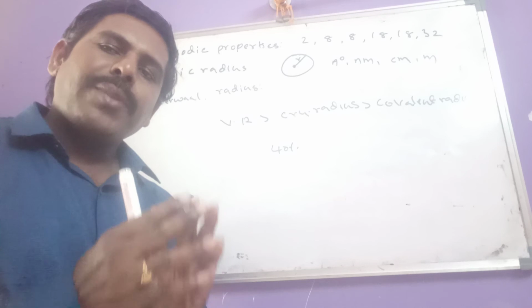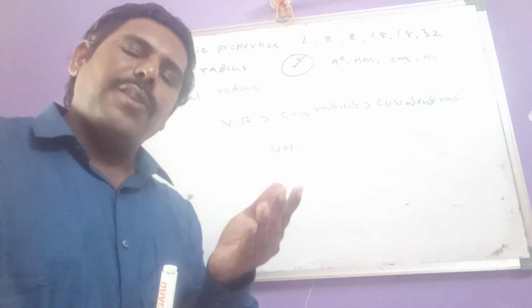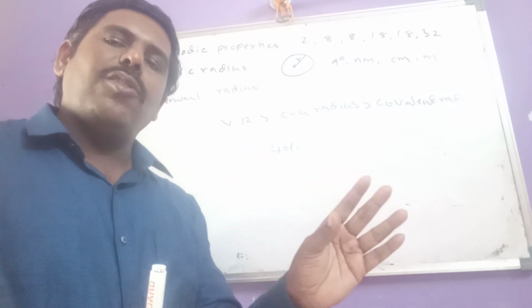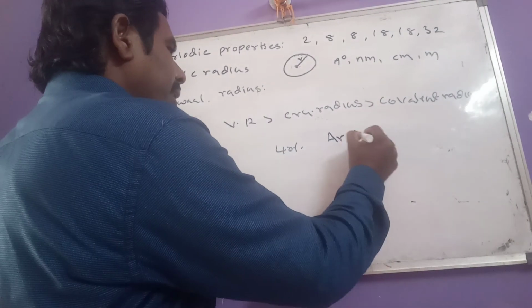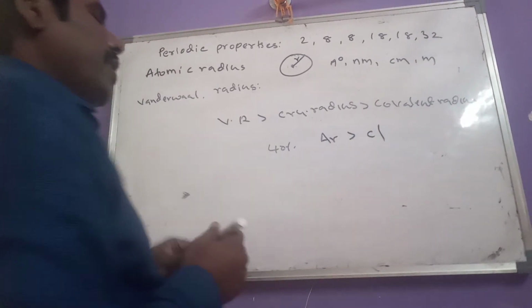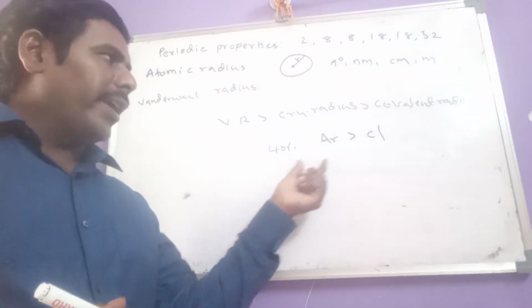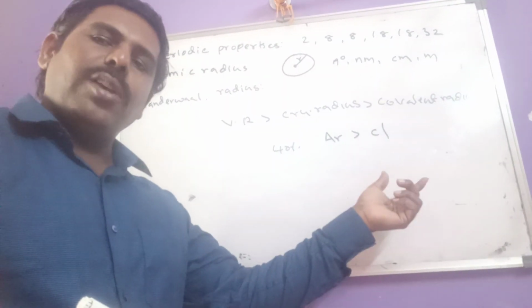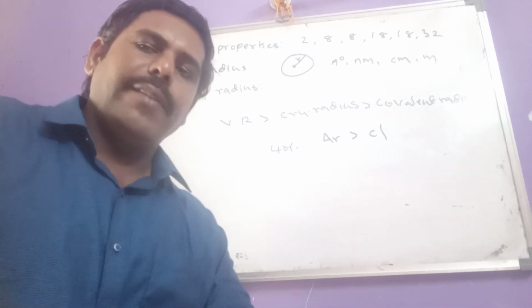That is why the atomic radius of a zero group element is greater than that of the respective 7th A group element. Here, argon's atomic radius is greater than chlorine's, because for argon we calculated van der Waal radius, but for chlorine we calculated covalent radius.